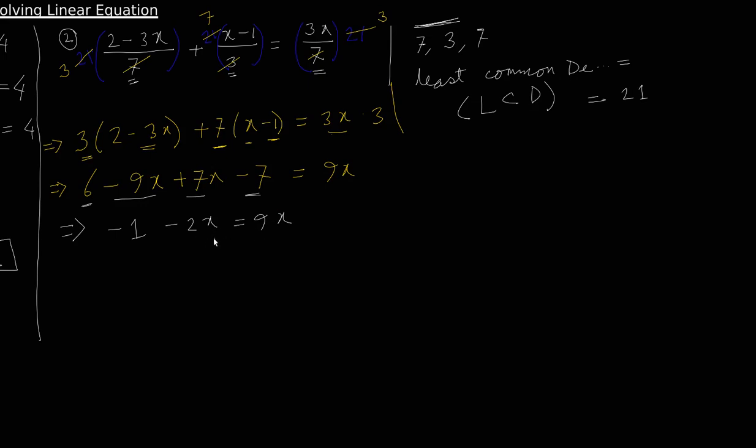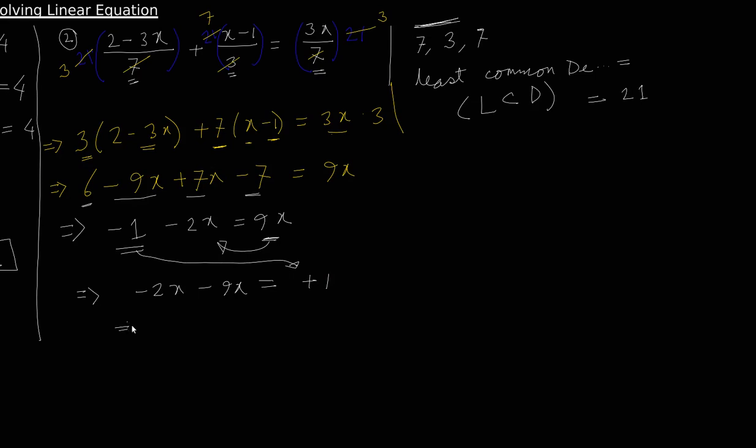Again, as I solve for x, I am going to bring all the x terms on this side and all the constant terms on the other side. I already have negative 2x, and if I bring the positive 9x to this side, it will be negative 9x, giving negative 11x. The negative 1 on the other side becomes positive 1.